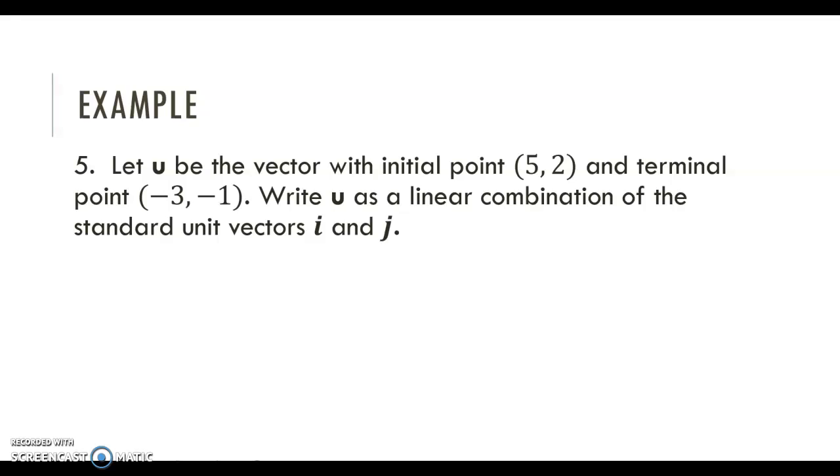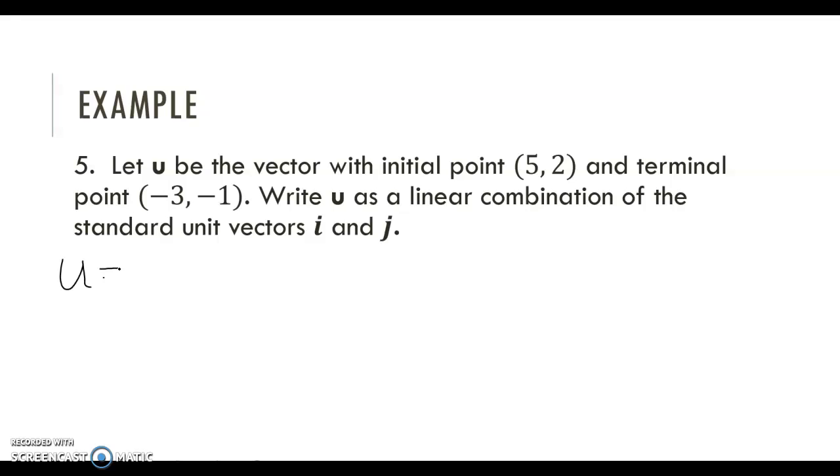So let me show you what that looks like here in a few examples. So let u be the vector with initial point and terminal point. So they're giving us the points, not the component form. We're going to write u as a linear combination of the standard unit vectors i and j. So what I need to do first is actually find the component form of u, and then we're going to write it as something known as the sum of unit vectors. So let's do the component form first.